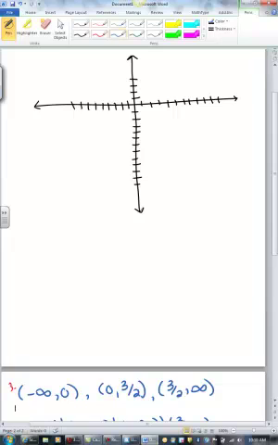We're going to put in my points. We had my zeros at 0, 0 and 3 halves, 0. 3 halves is exactly 1 1/2. We had the point 1, 1. We had the point negative 1, negative 5. We had the point 2, negative 8.